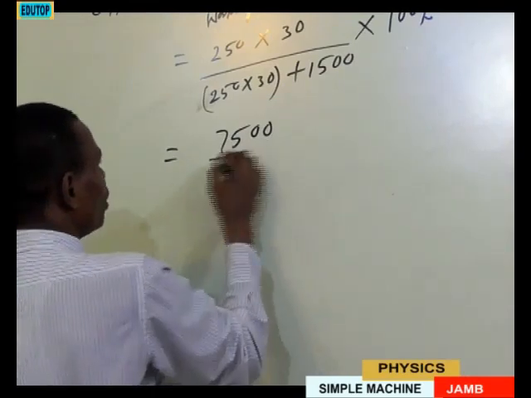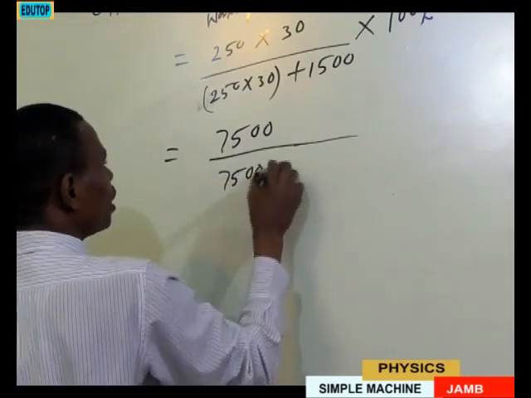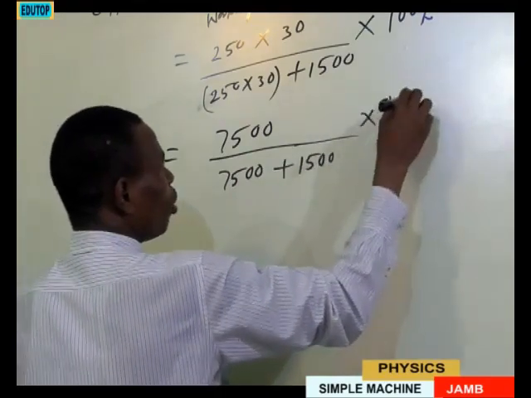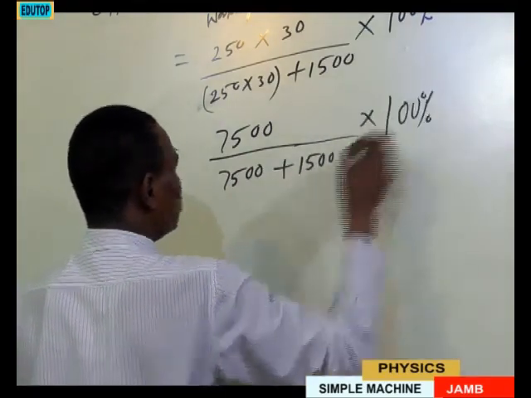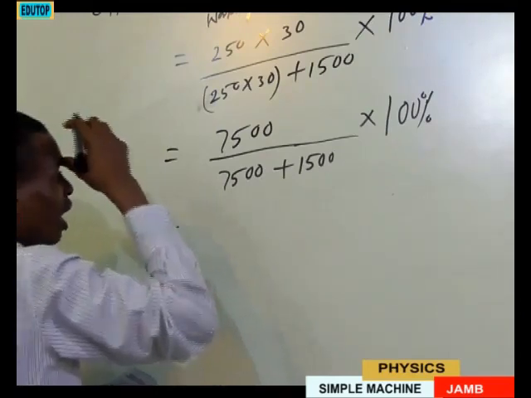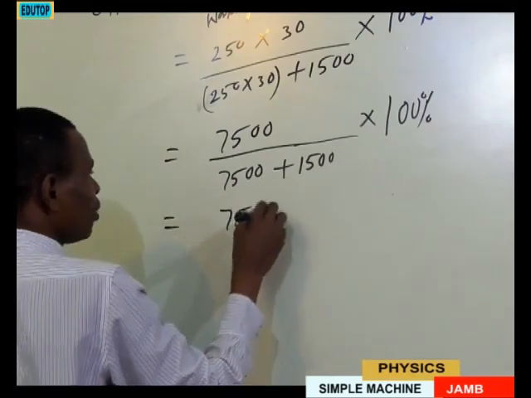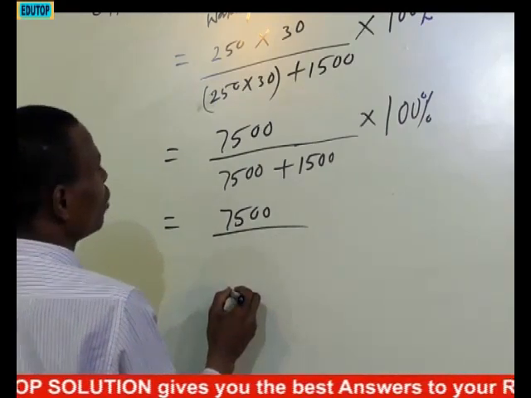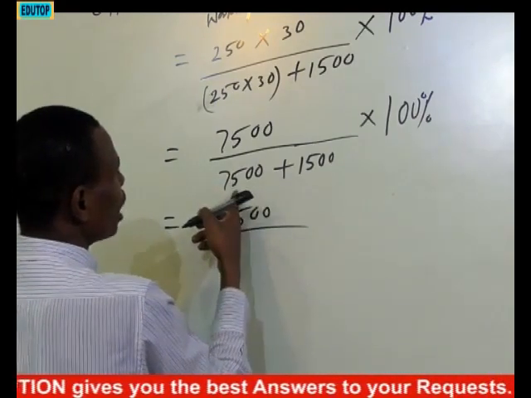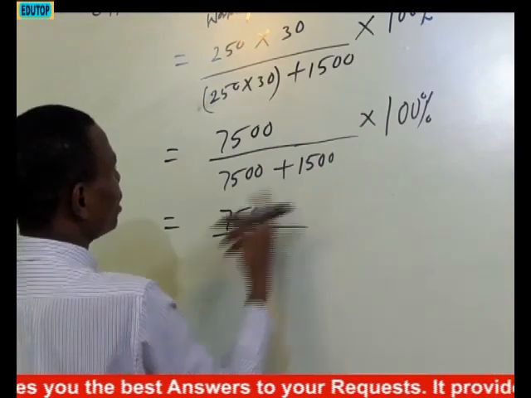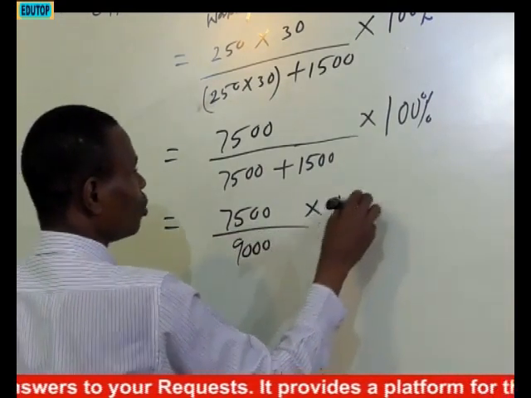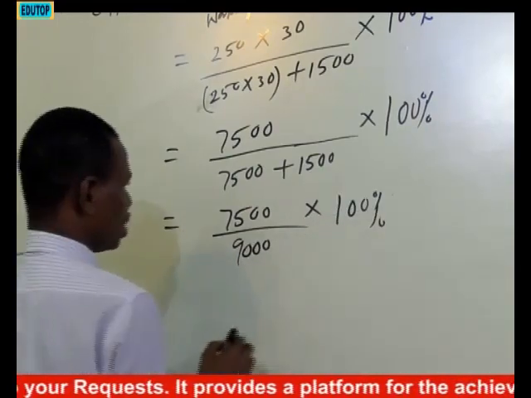Then 250 times 30 will give us 7,500. So 7,500 divided by 7,500 plus 1,500, which is 9,000, times 100%.